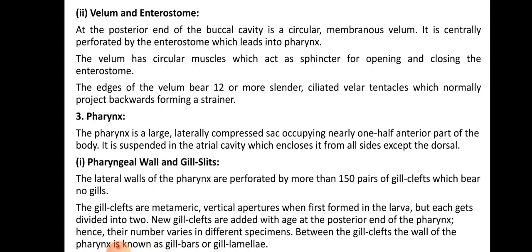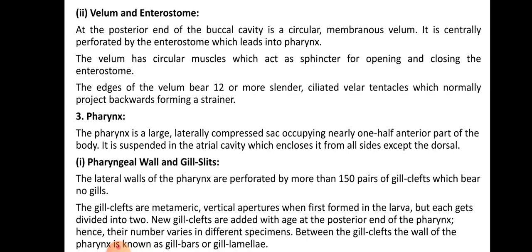While discussing the morphology, we learned what the atrial cavity is. It is formed by the lateral projections of the body wall that we called metapleural folds, which are joined horizontally on the ventral side to form a cavity termed the atrial cavity. And this horizontal lining that joins the two metapleural folds, we call the epipleur.